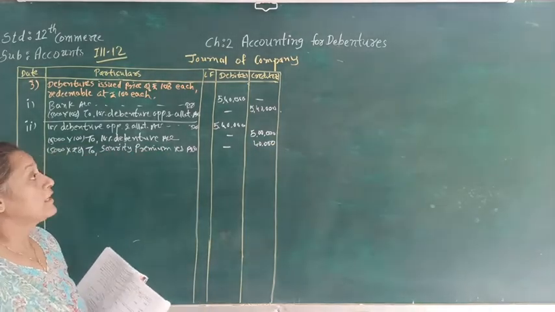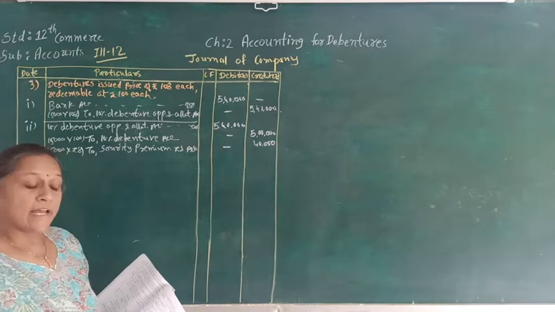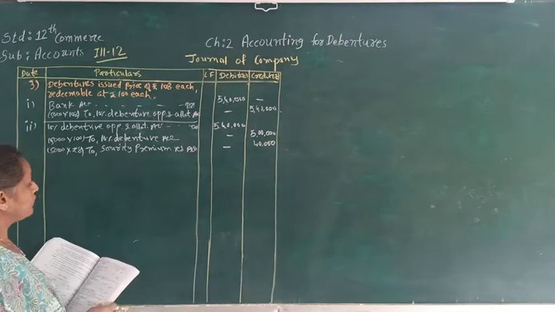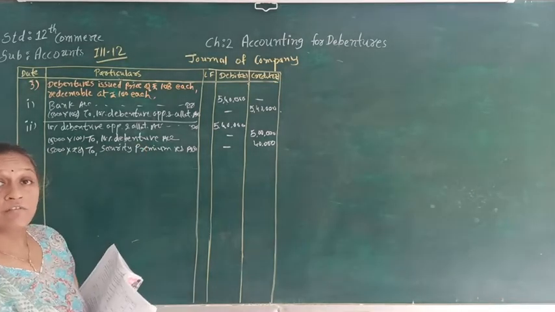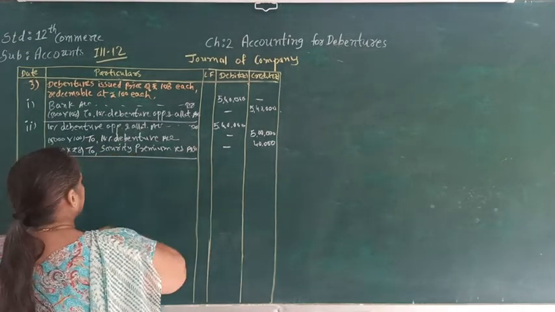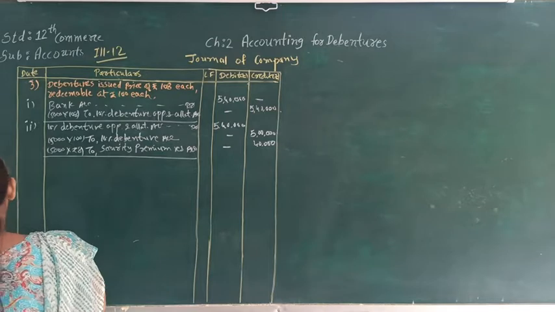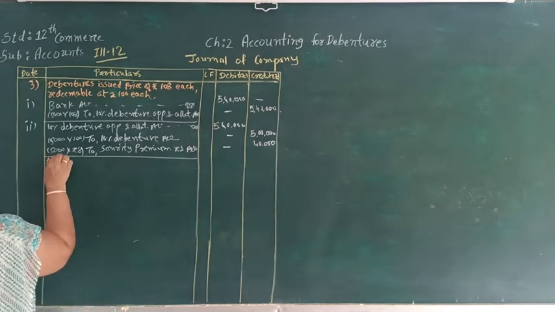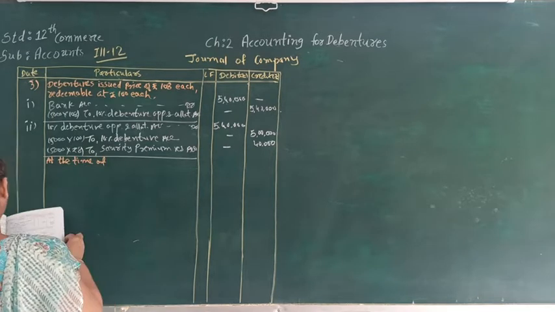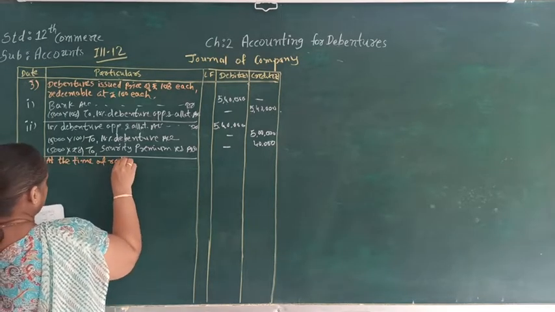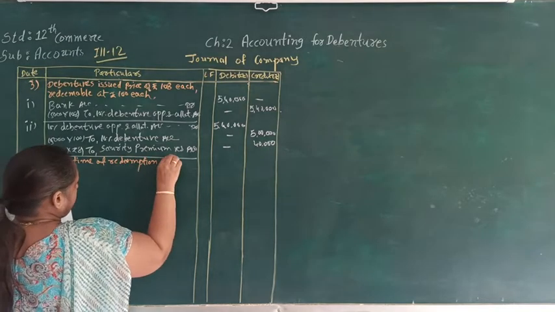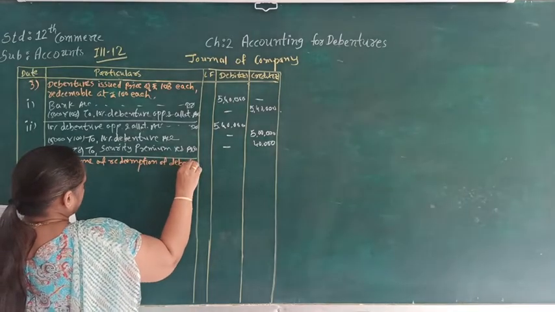Now at the time of redemption of debenture, the journal entry that we are supposed to pass will be 10% debenture account debit to debenture holder account.